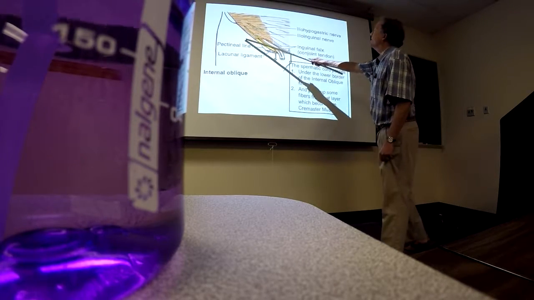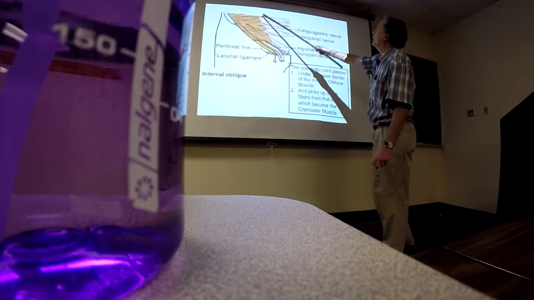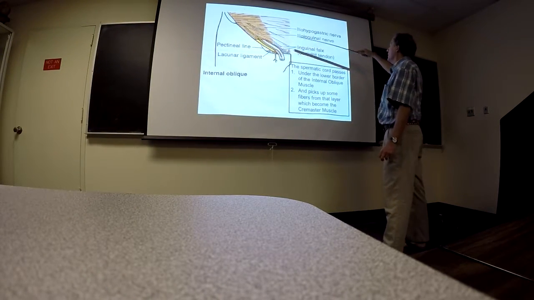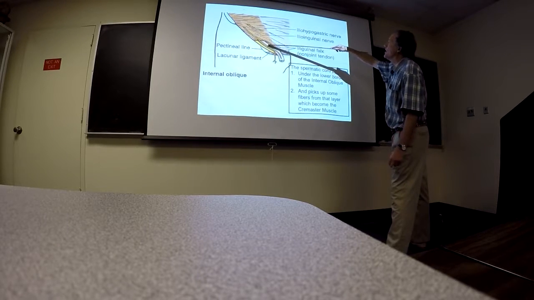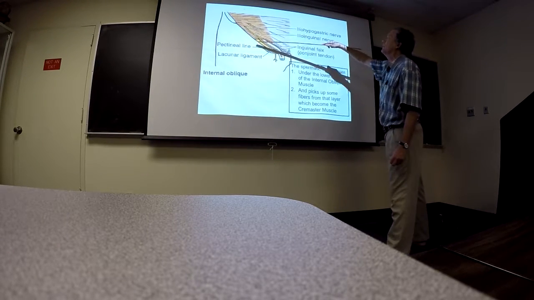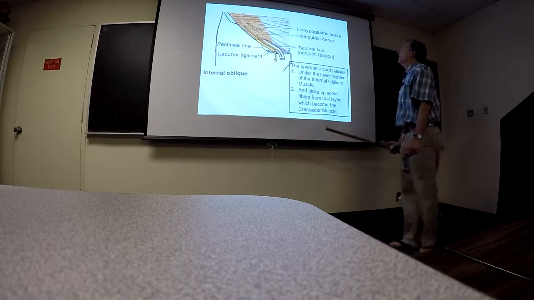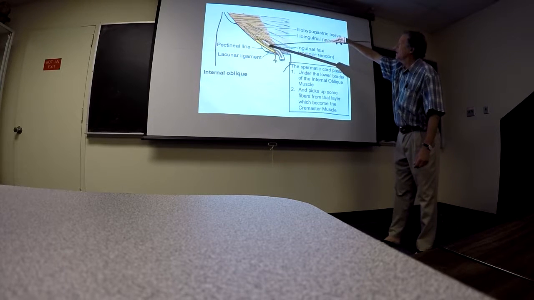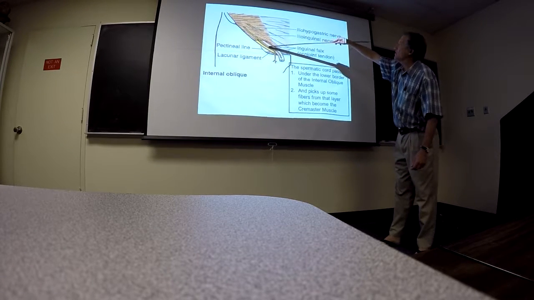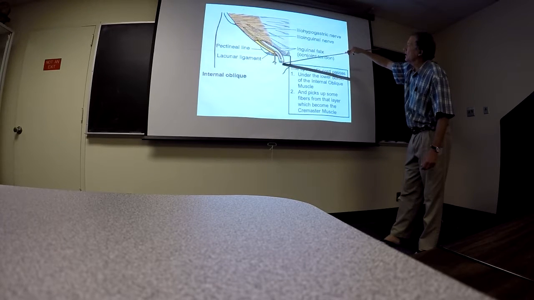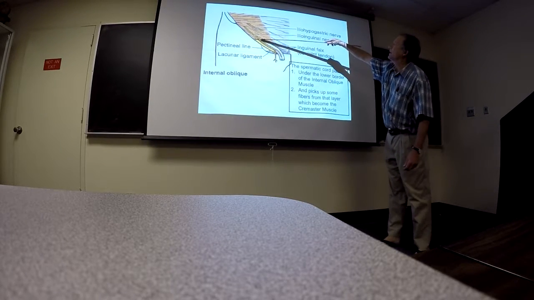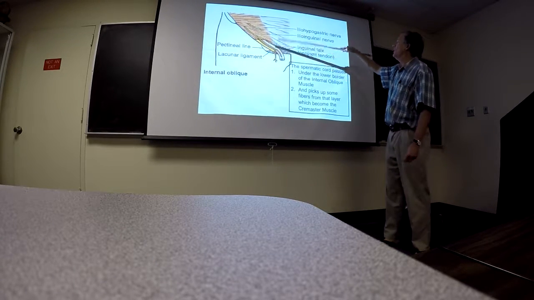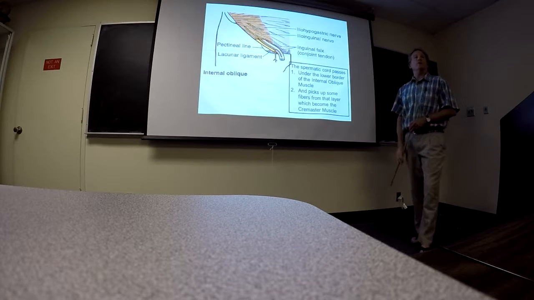They almost pass under the internal oblique, the next superficial layer, but as they pass through, they pick up some muscle fibers from the lowermost part of the internal oblique, which form, at least in the spermatic cord, some long longitudinal muscle fibers that are following the cord all the way down and connecting the cord and the covering of the testes up with the internal oblique, and that's known as the cremaster muscle.